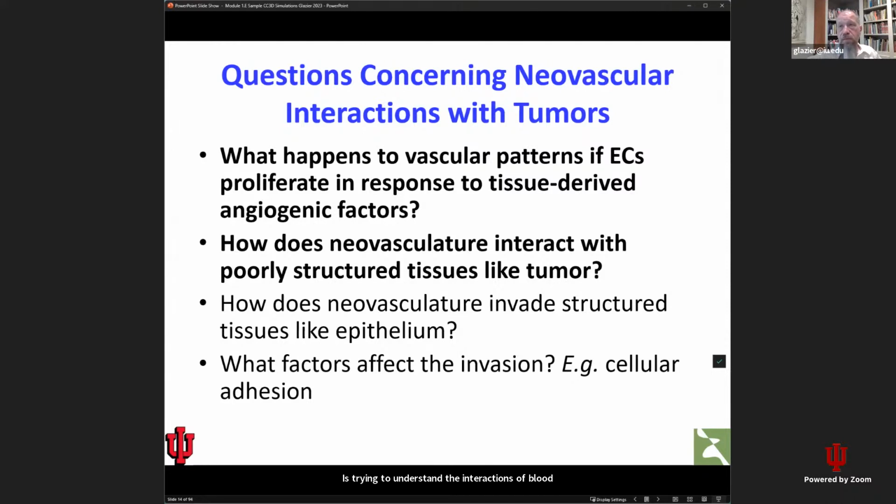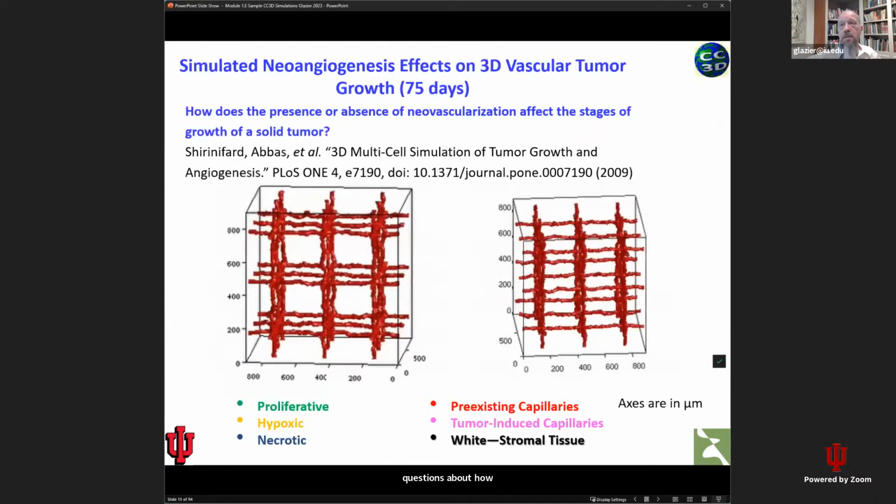Those are supplied by the vasculature. When those are insufficient, the tumors send signals causing blood vessels to proliferate, and those new blood vessels then interact with the tumor. There's actually a demo in the CompuCell demos folder that has a simplified version of this simulation, and we can try to understand that. We could also ask questions about how tumor evolution works, and we'll talk about that in a second.